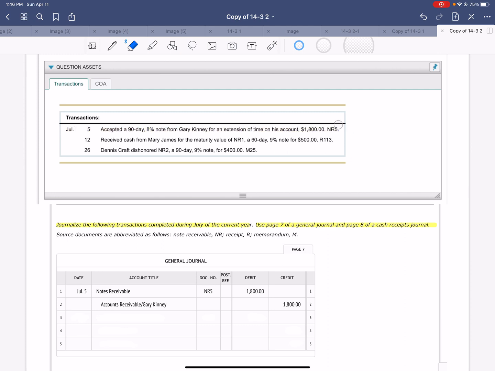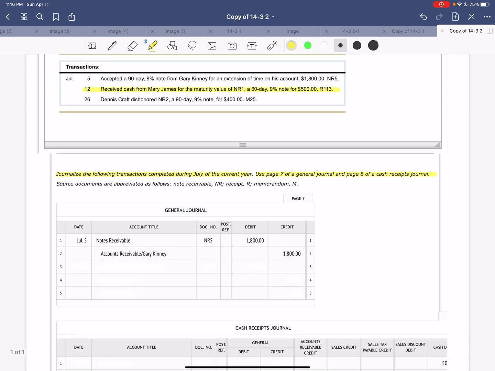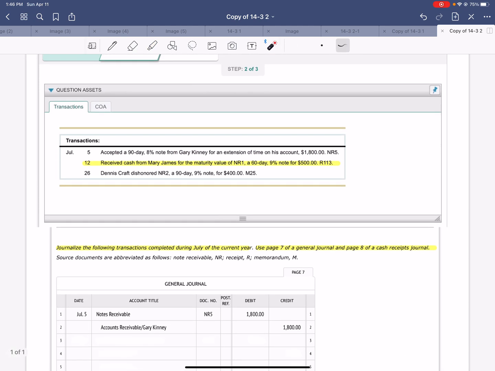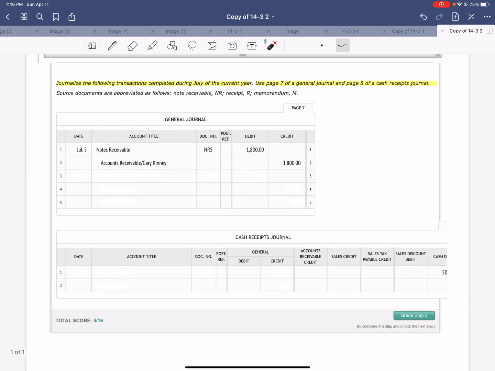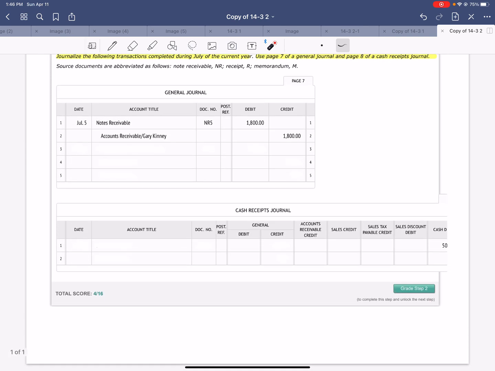All right, the second transaction: receive cash from Mary Jane's for the maturity value of notes receivable 1, a 60-day 9% note of $500, and you have receipt 113. Since you see these two words here, receive cash, we have to use the cash receipts journal.